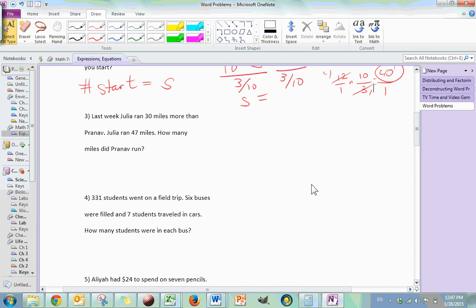Okay. Next, Julia ran 30 miles more than Pranav. Julia ran 47 miles. How many miles did Pranav run? Okay, so who should we make the variable here?